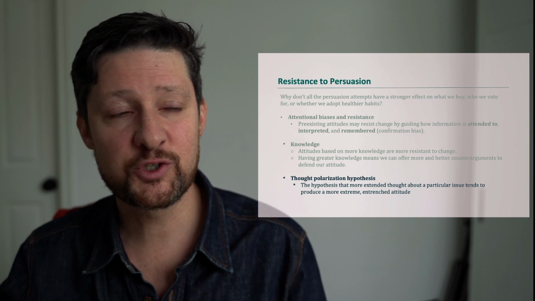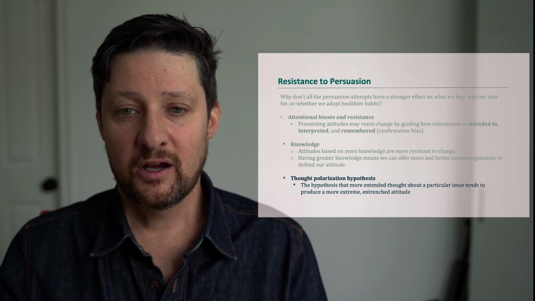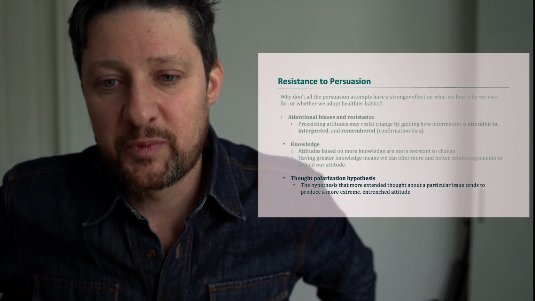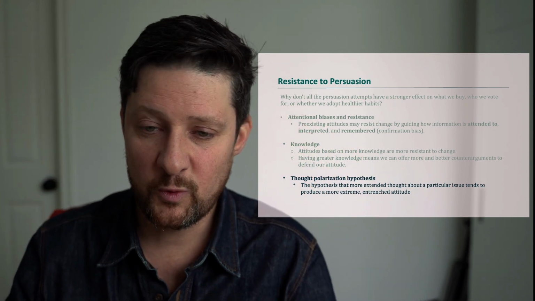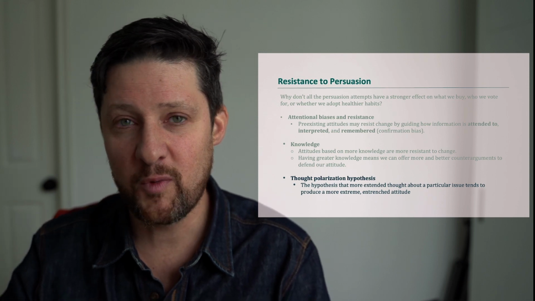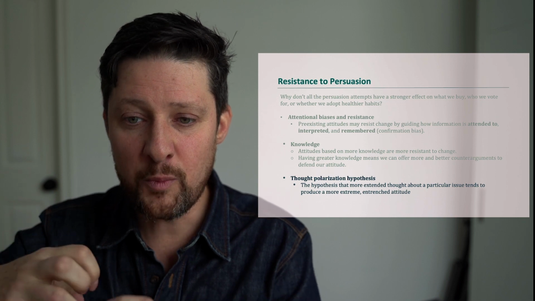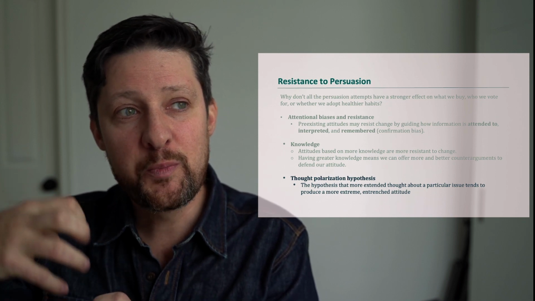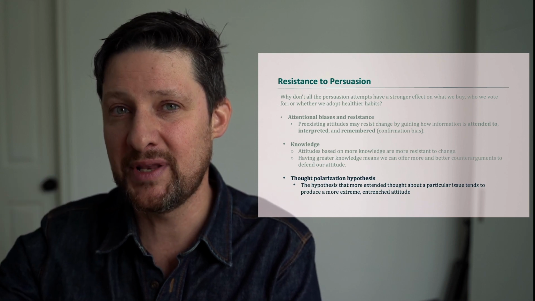And I'd like to finish with one of the resistances to persuasion, this idea of the thought polarization hypothesis. The hypothesis says that the more extreme your thought is, or the more you push your thought in one direction, the more entrenched you become in that attitude.